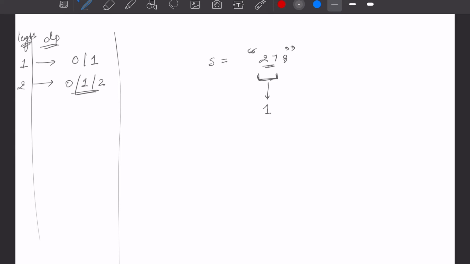We know the answer for this is 1. We have saved it, right? And now we want to solve the answer for 278. So how can we solve that? There are two possibilities, right? Either we can consider it as 2 and then 7 and 8 as one number, or we can say 27 is one number and 8 is individual.